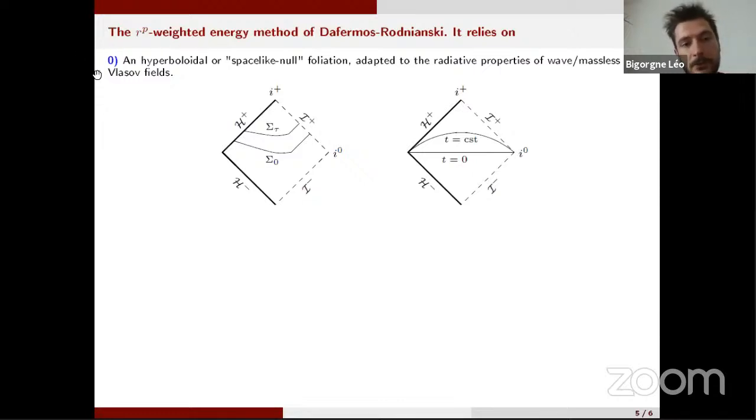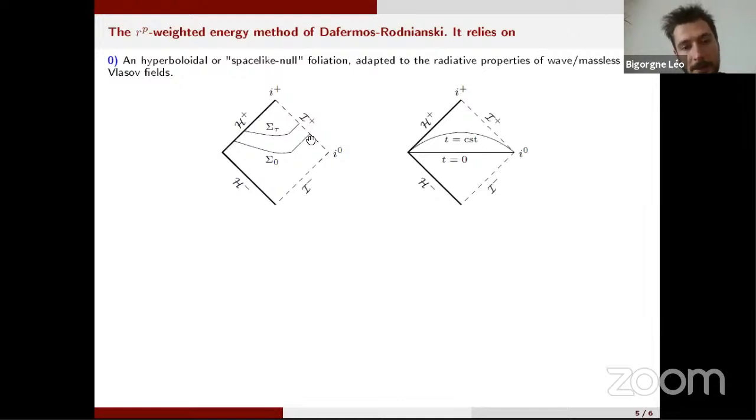First, we need to use an adapted foliation, a foliation which is adapted to the radiative property of massless Vlasov fields. More precisely, we will consider a hyperboloidal foliation or space-like null foliation, which joins the future event horizon to future null infinity.